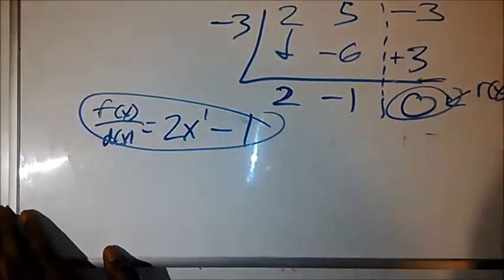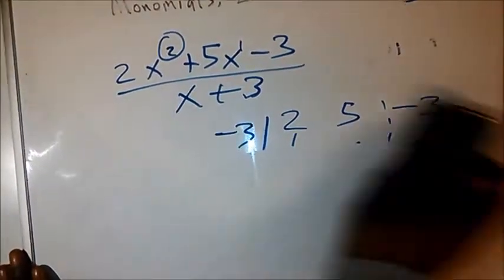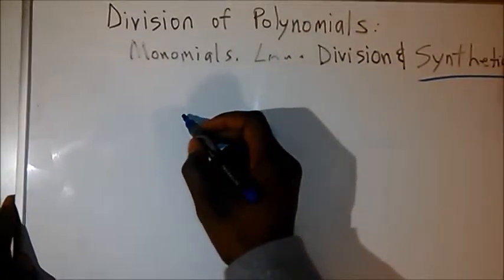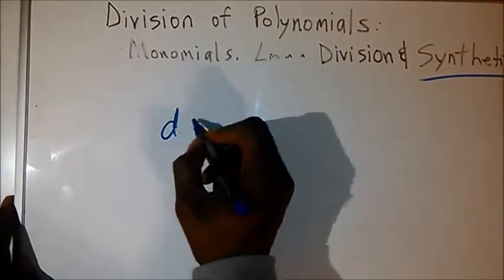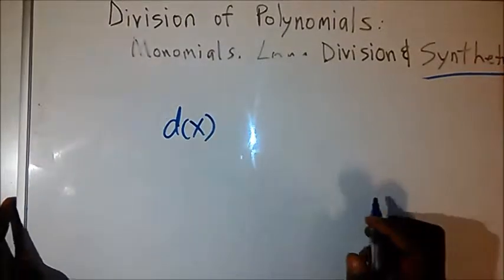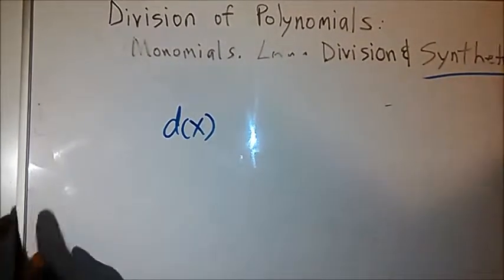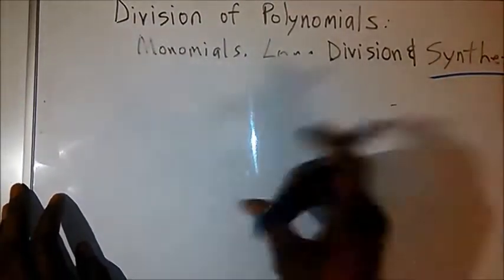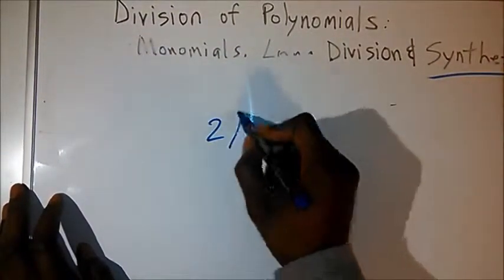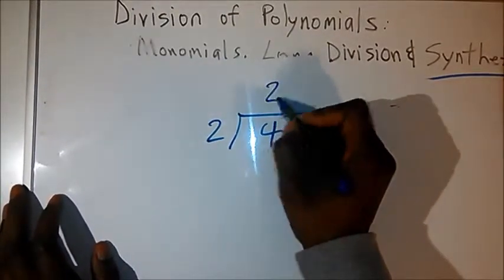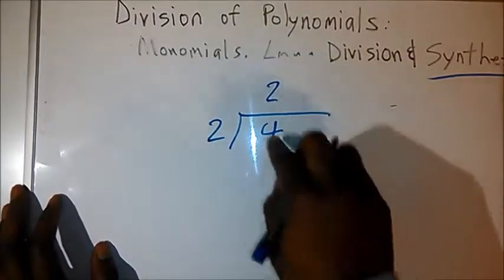It works. Okay. Now there's another theorem called the factor theorem, and basically what you're trying to determine is if a divisor d of x is a factor of a dividend. For example, that's a divisor, that's a dividend, and you ask the question, is 2 a divisor of 4?